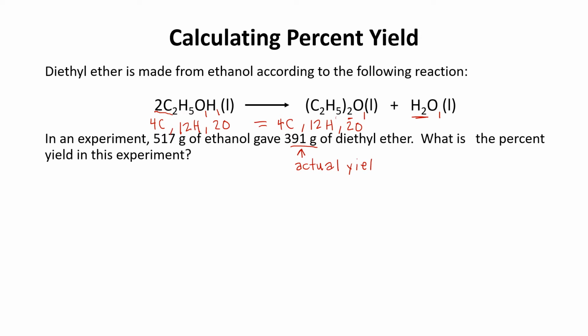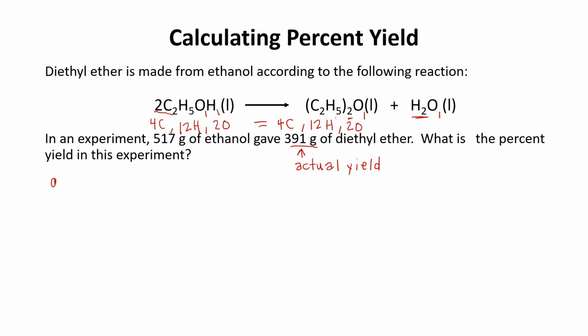We obtained 391 grams of diethyl ether. So that represents our actual yield. That's what we collected. So they want to know what is the percent yield in this reaction.